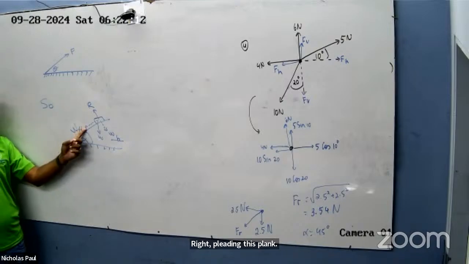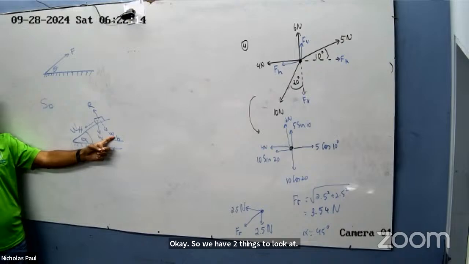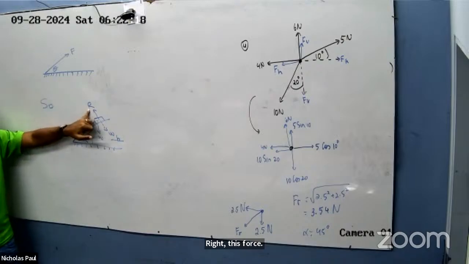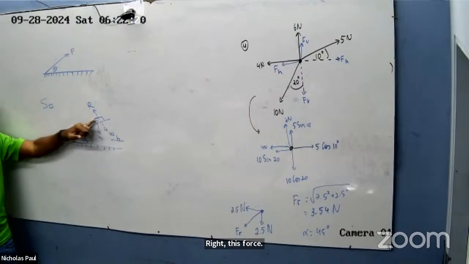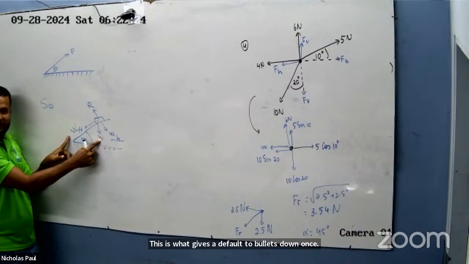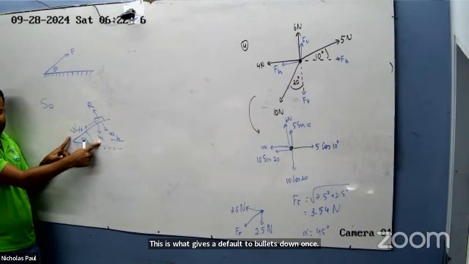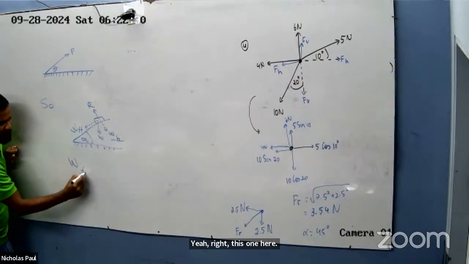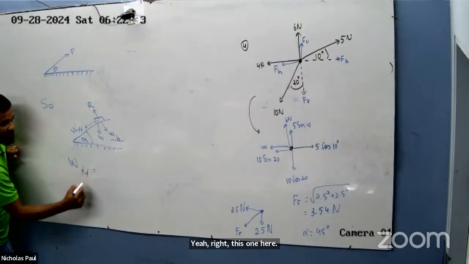How do we get this, number one, and how do we get this? This force is what gives the normal reaction. This is what gives the force to pull it downwards. And these two forces are components of the weight.